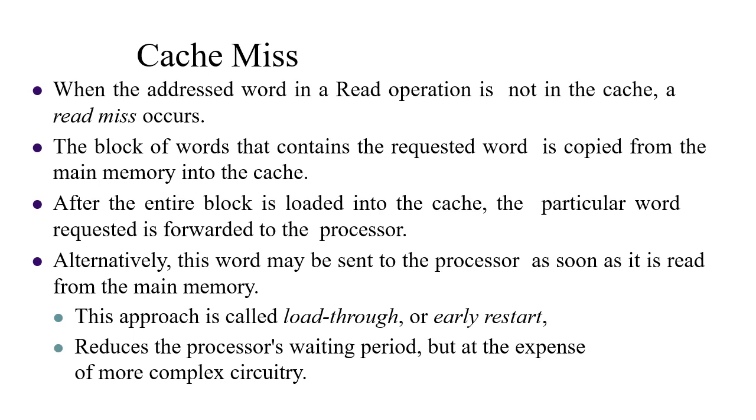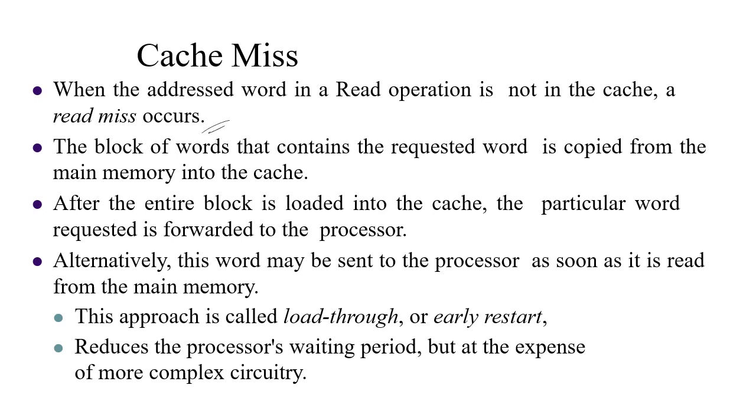So during the cache miss, when an addressed word in a read operation is not in the cache, a read miss occurs. See, now one particular address is not present in the cache, and the processor wants to read the data from that particular address.